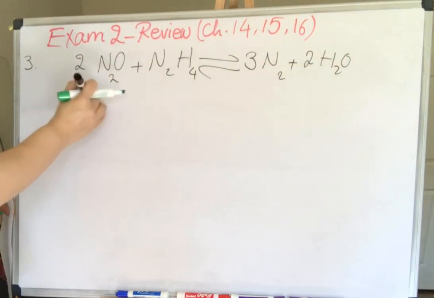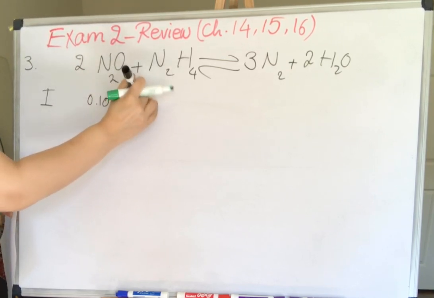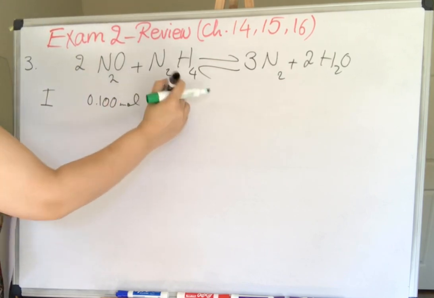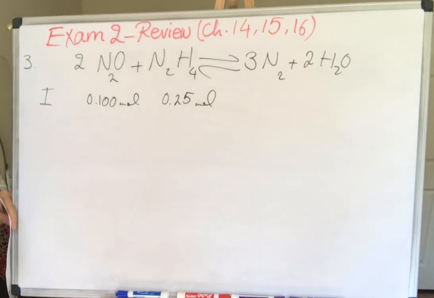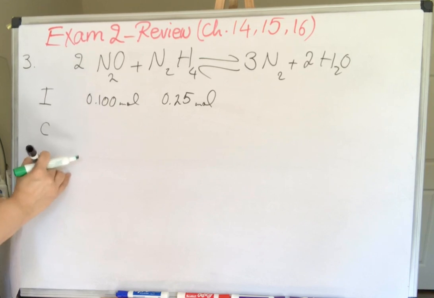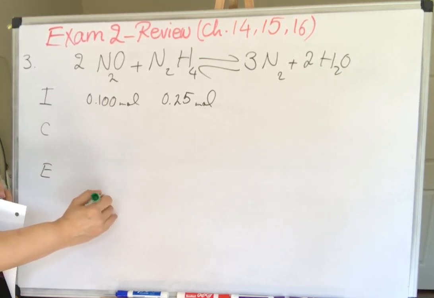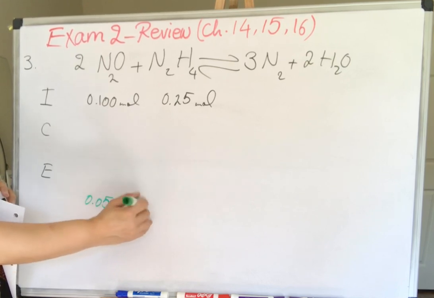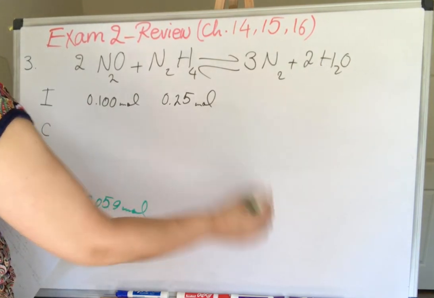Initially there are 0.100 moles of N2O and 0.25 moles of N2H4 in a 10-liter container. If there are 0.059 moles of N2O at equilibrium, how many moles of N2 are present at equilibrium?